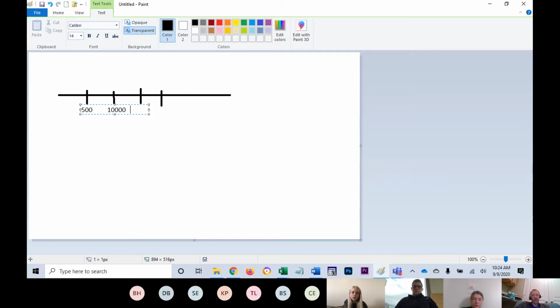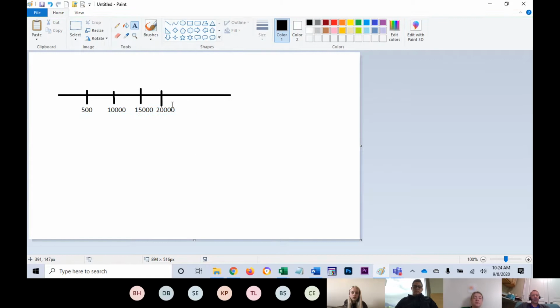I didn't make that scale very good. $15,000 and 20,000. Okay. I probably should move that line over. I'm going to erase that line because it looks like it's off. Put that about right there.